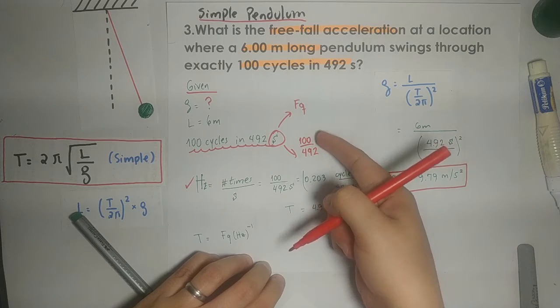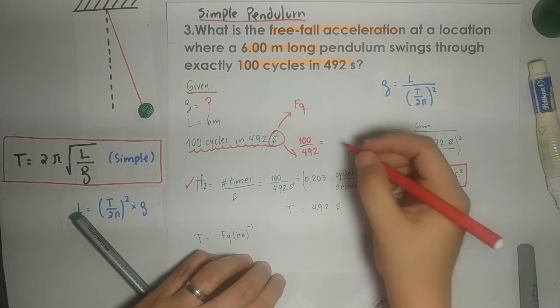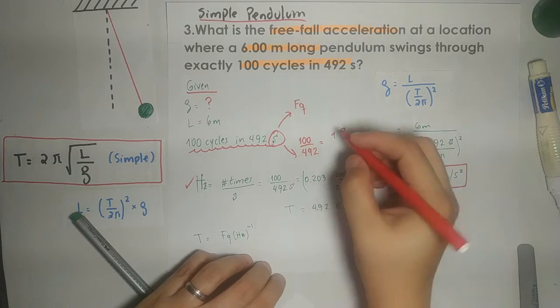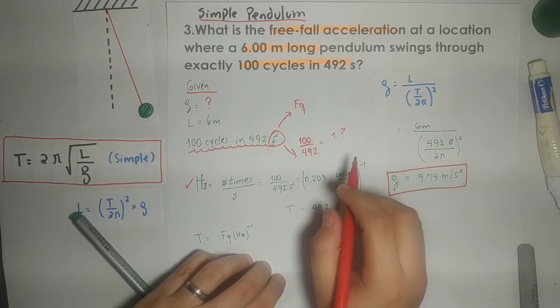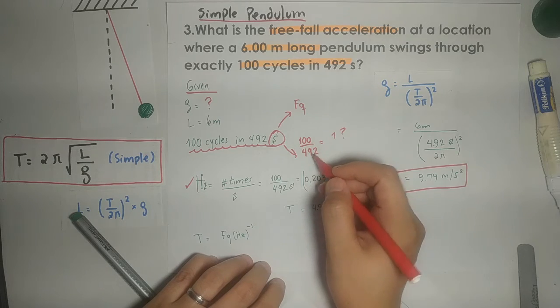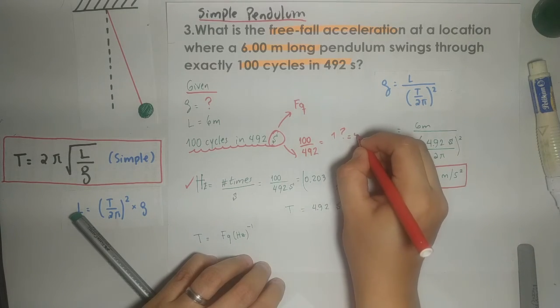If 100 cycles takes 492 seconds, how long will a single cycle take? Just divide: 492 divided by 100 gives you 4.92.